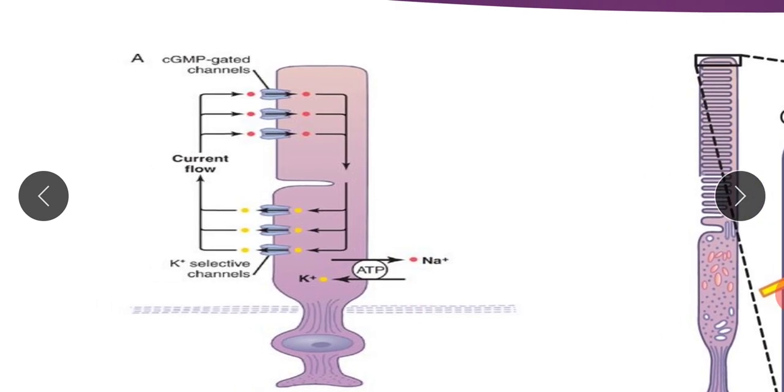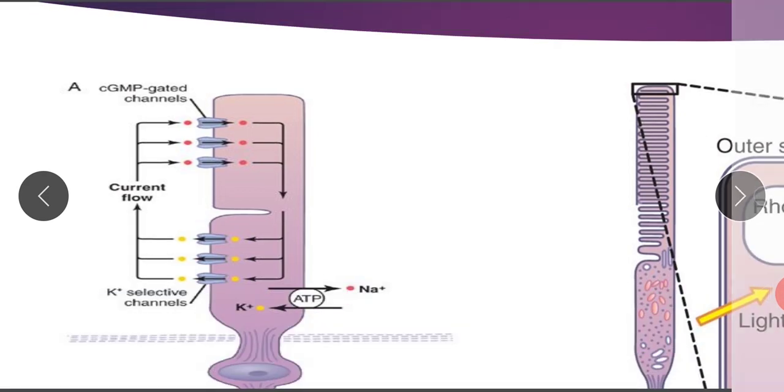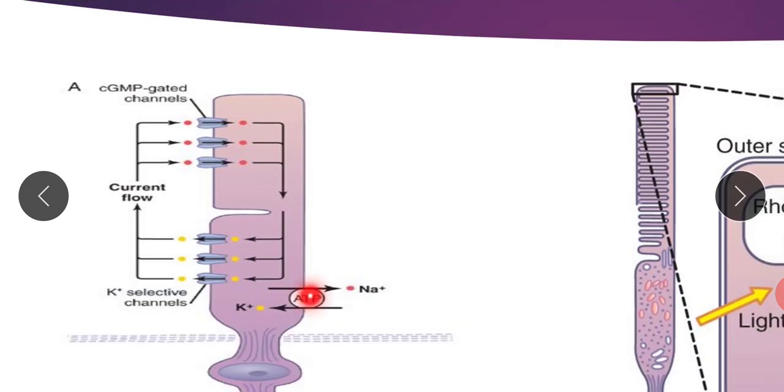Now, the inner segment has a sodium potassium ATPase pump. As you can see, this one is the sodium potassium ATPase pump, which pumps 3 sodium outside and 2 potassium inside. So ultimately there will be a decrease in the intracellular sodium and an increase in the intracellular potassium.